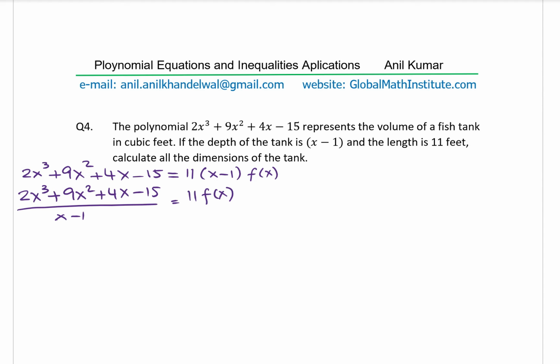Let's use synthetic division to divide. We write down the coefficients 2, 9, 4, minus 15.